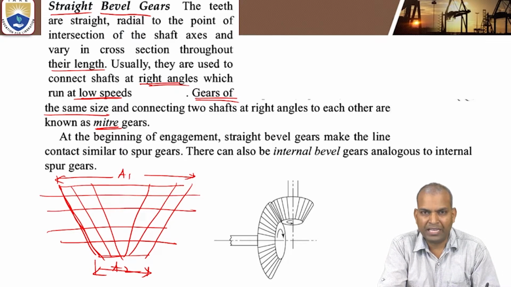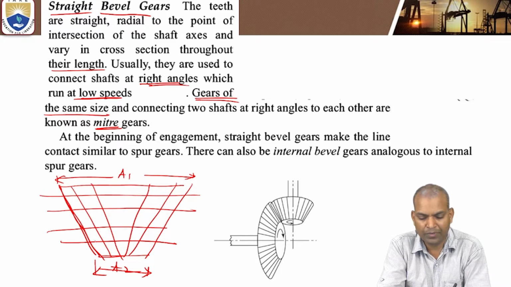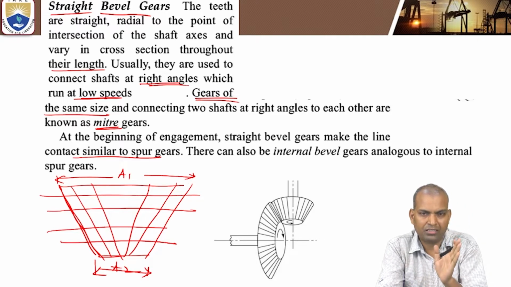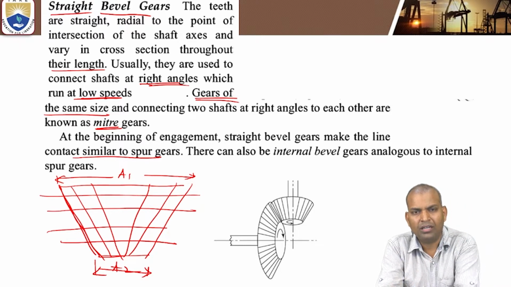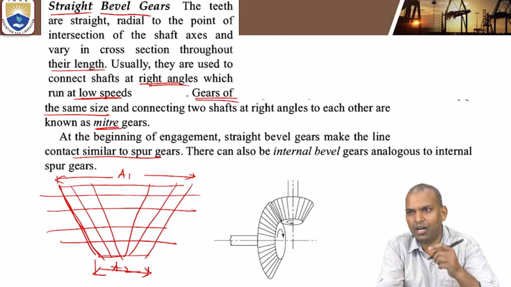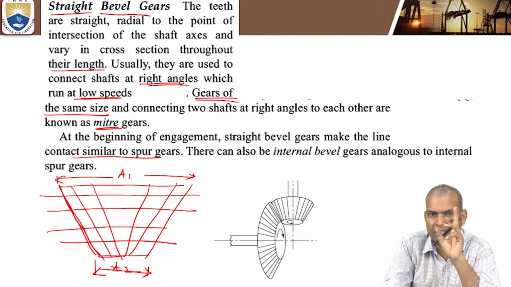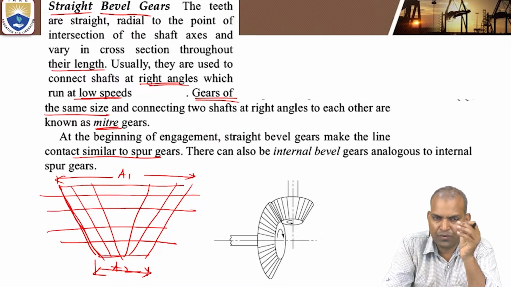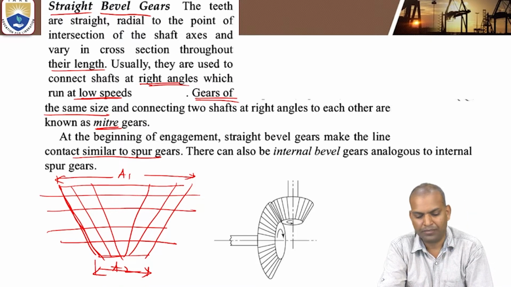One more thing. At the beginning of engagement, straight bevel gears make a line contact, exactly similar to spur gears. With external mesh, both wheels rotate in opposite directions. For internal mesh, if you want the driver and driven gears to rotate in the same direction, they should have inner contact or inner meshing.